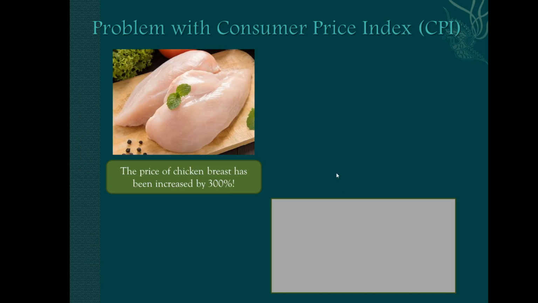And what about this? Let's say right now in Hong Kong, the price of chicken breast has increased by 300%. So if you are a typical household, what would you do?